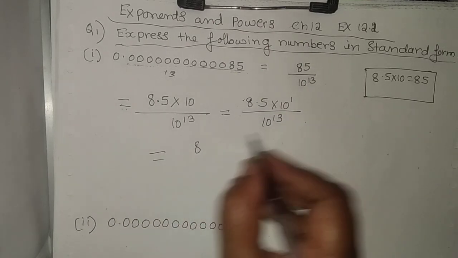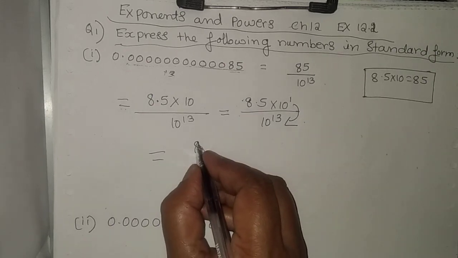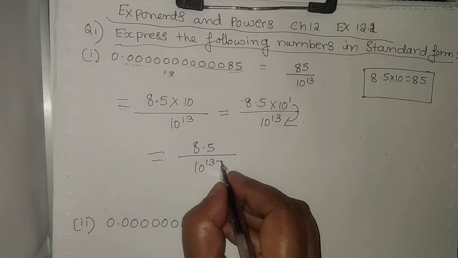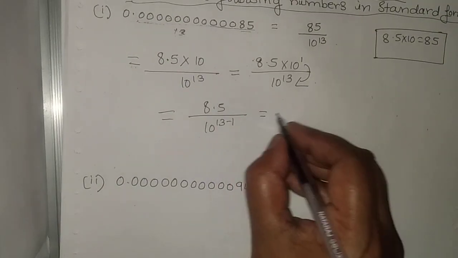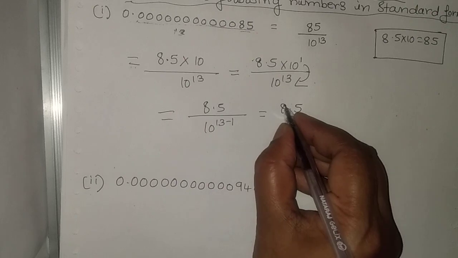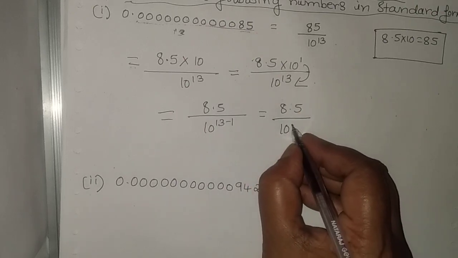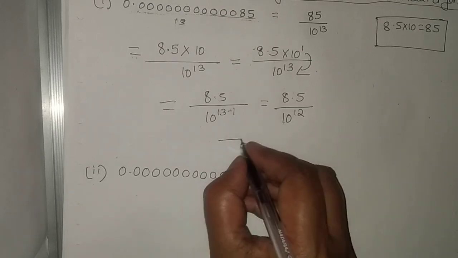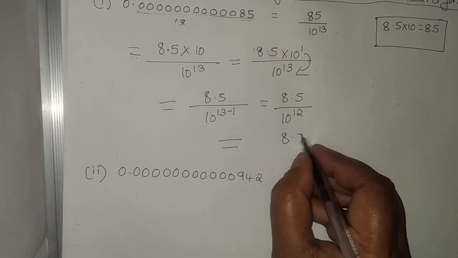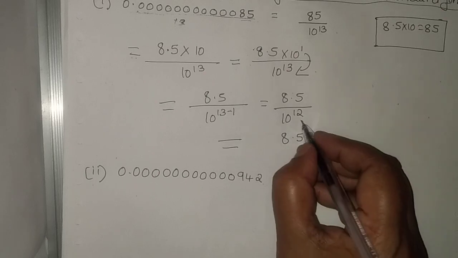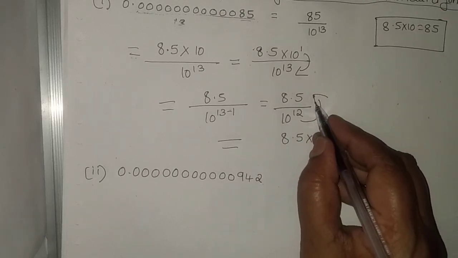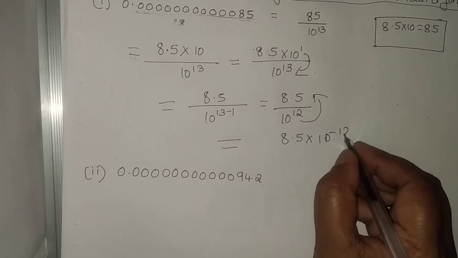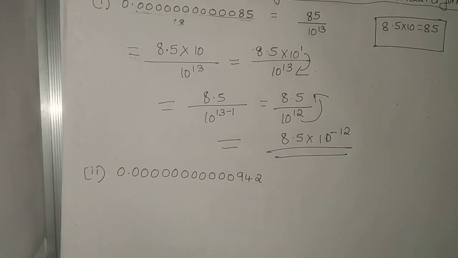Next we can bring these to the denominator, then 8.5 by 10 to the power of 13 minus 1 will become 8.5 by 10 power 12. 13 minus 1 is 12. So finally what we can write, 8.5 into, bring this to the denominator, 10 power minus 12 is the correct answer. This is the standard form.